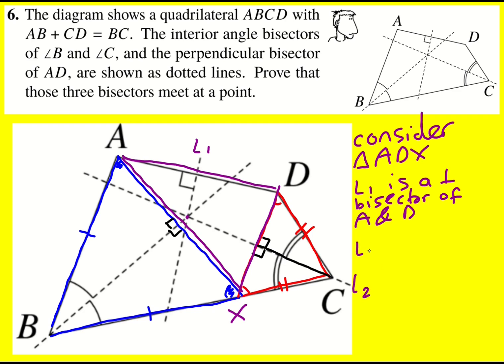L2 is a perpendicular bisector of D and X. We'll write the whole thing out.